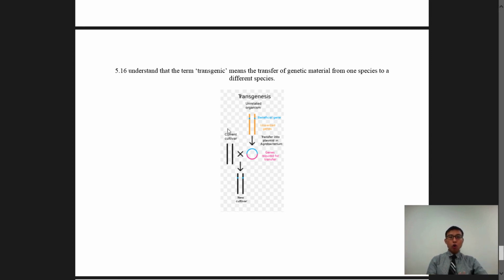In this diagram, all we're taking, in the blue, is a beneficial gene, the gene that we want. Then maybe we use a plasmid, and we add it to the plasmid and form a recombinant DNA, and this recombinant DNA could be absorbed by bacteria, and the bacteria is going to have this gene inside.